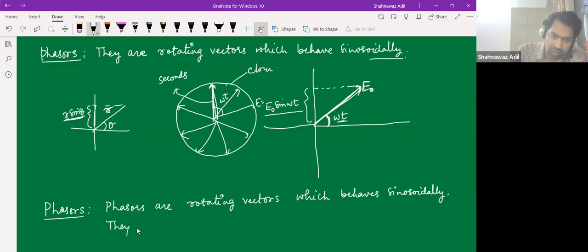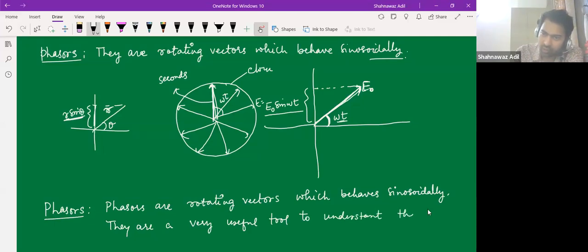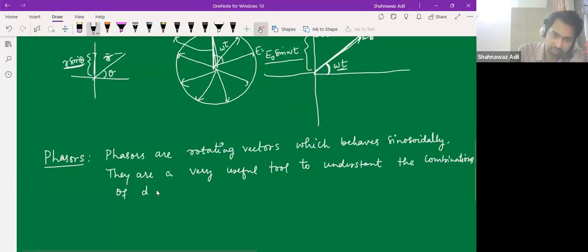They are pictorial, or very useful tool to understand combinations of different sources.